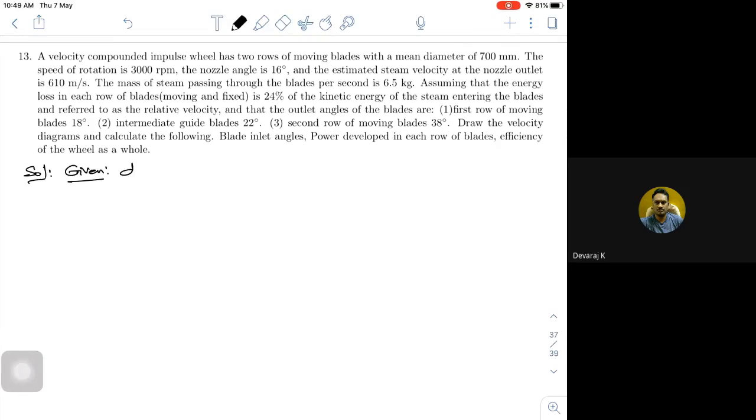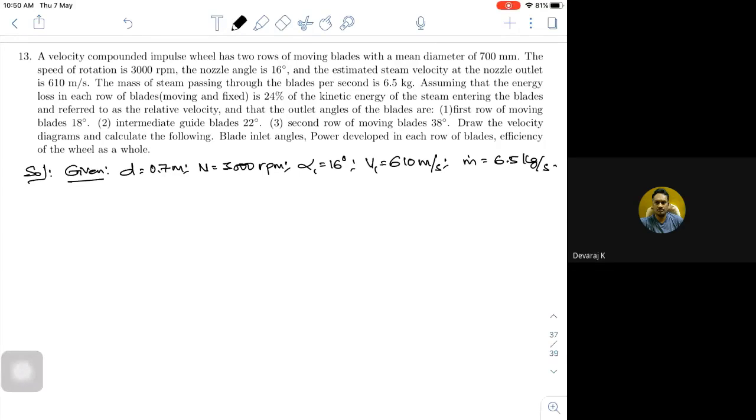D is 700 mm or 0.7 meters, and they are given the speed, N is 3000 rpm, and the nozzle angle, that is your alpha 1, which is 16 degrees, and V1, that is velocity of the steam which is entering, which is 610 meters per second, and mass flow rate is 6.5 kg per second.